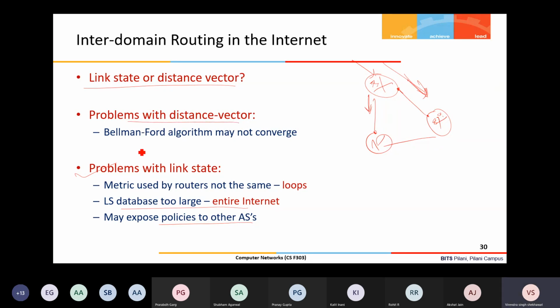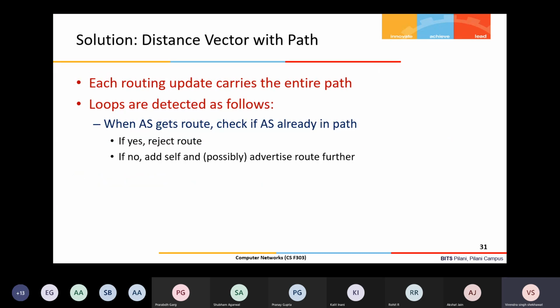And the distance vector problem is also looping, so it may not converge. If it is not converging, then the packets will be stuck in some loop, sometimes a 3-hop loop, sometimes a 4-hop loop. So both the intra-domain routing algorithms cannot be used as they are.